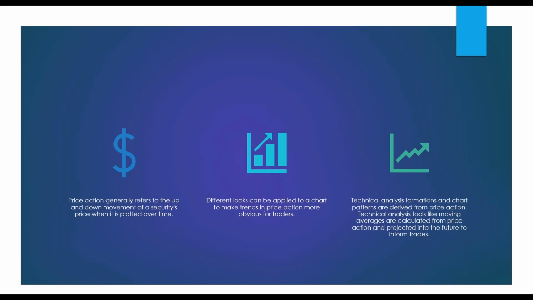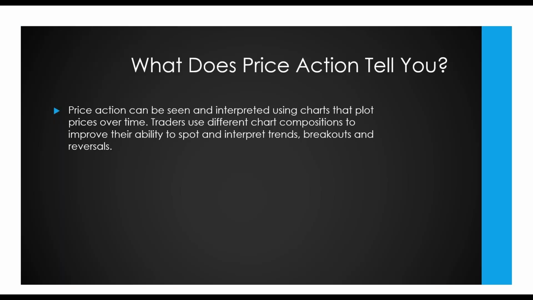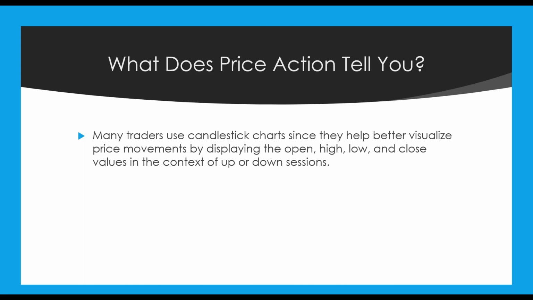Technical analysis tools like moving averages are calculated from price action and projected into the future to inform traders. Price action can be seen and interpreted using charts that plot price over time. Traders use different chart compositions to improve their ability to spot and interpret trends, breakouts, and reversals.